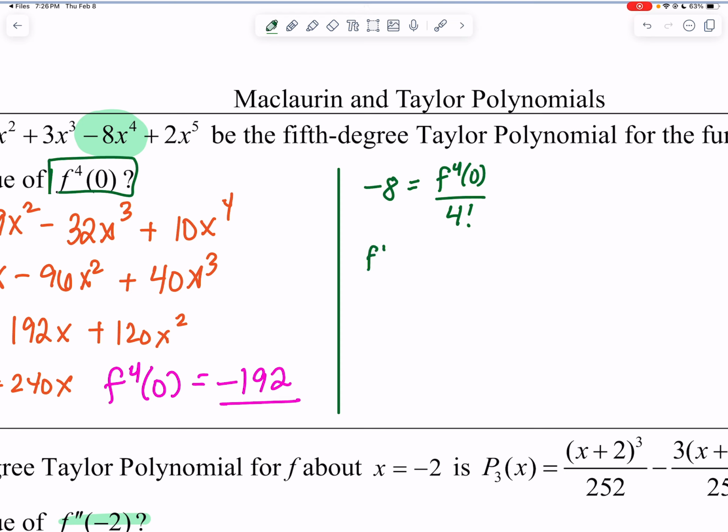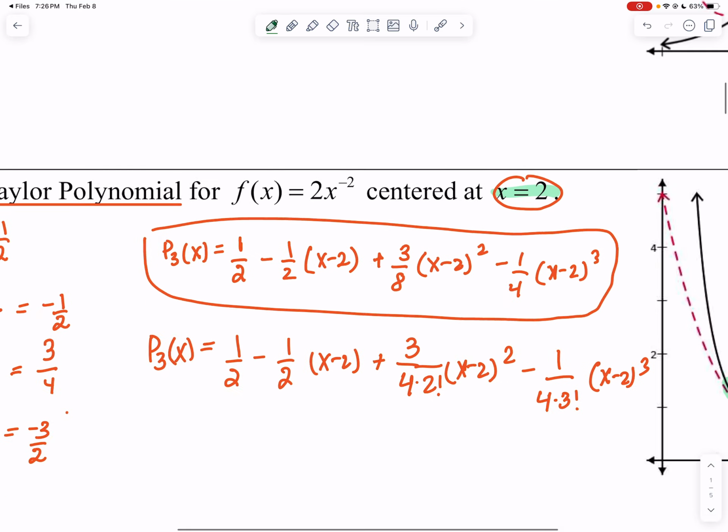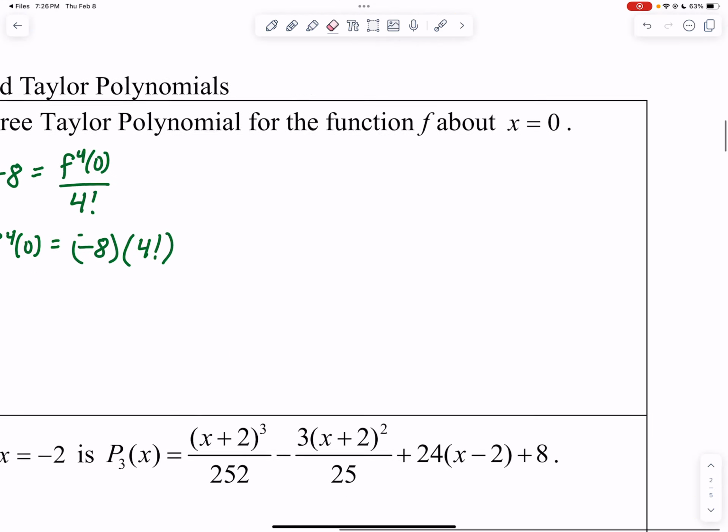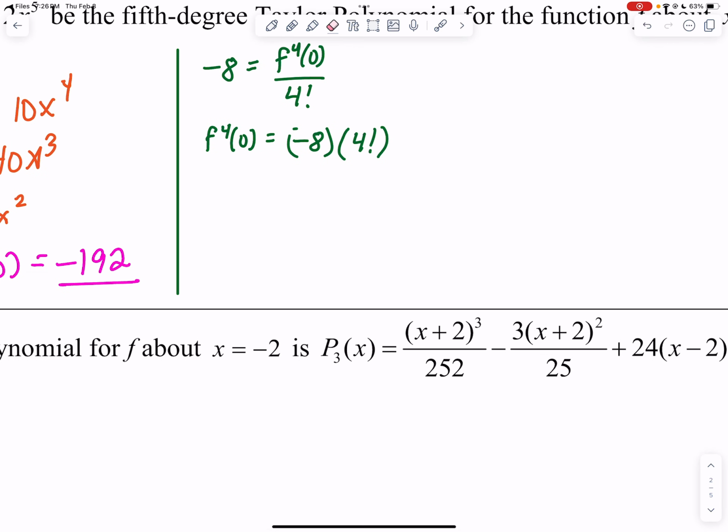Well, that's just going to be me multiplying 8 and 4 factorial together. And we know that 4 factorial is going to be, if I remember, that's going to be 24. So now I have the fourth derivative at 0 being -8 times 24.